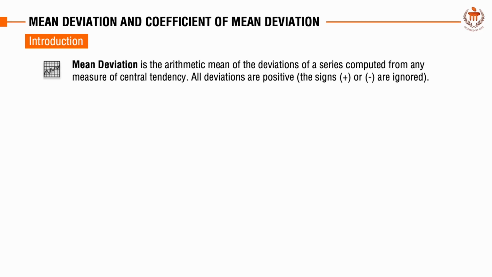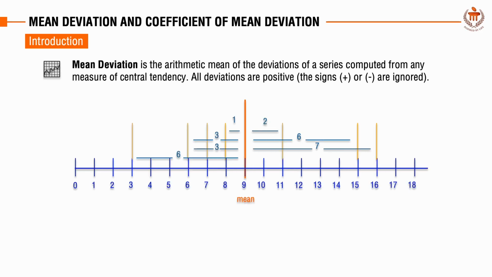Mean deviation is the arithmetic mean of the deviations of a series computed from any measure of central tendency. In the case of mean deviation, all the deviations are considered positive because we use absolute measurement here.